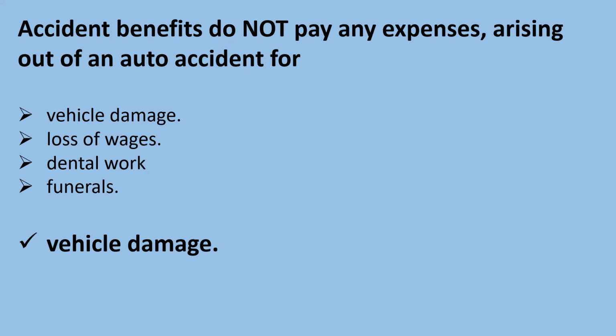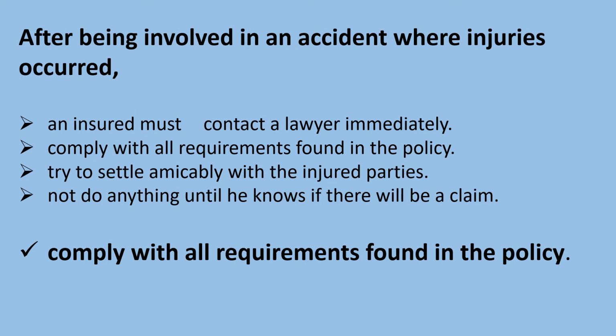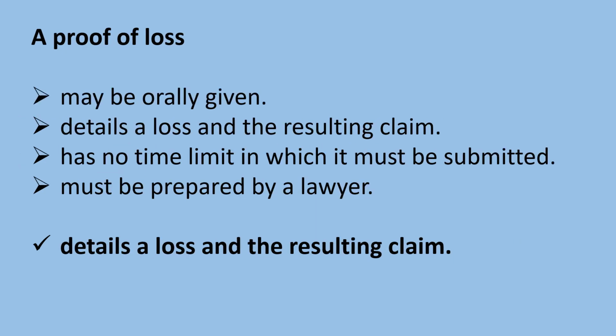Accident benefits do not pay any expense arising out of an auto accident for vehicle damage. After being involved in an accident where injuries occur, comply with all requirements found in the policy. The proof of loss details a loss and the resulting claim.